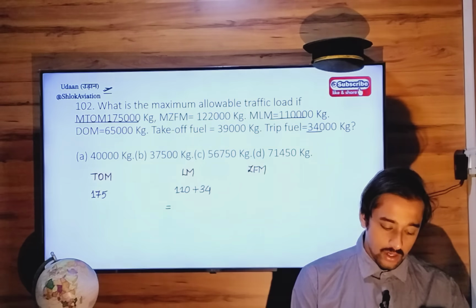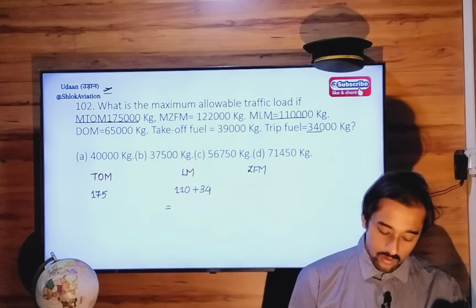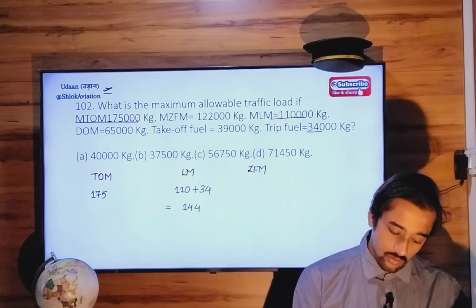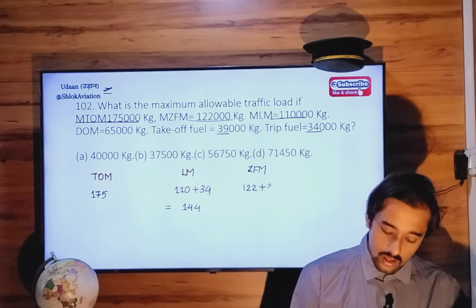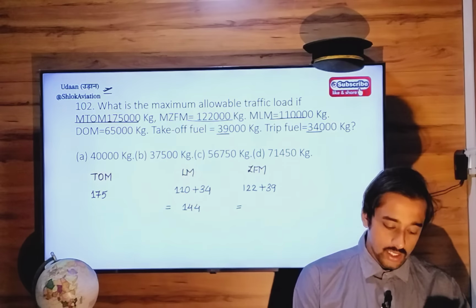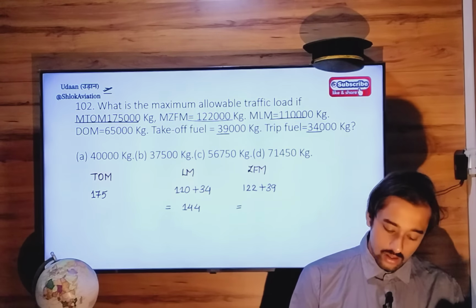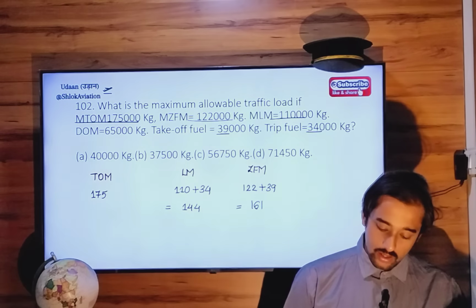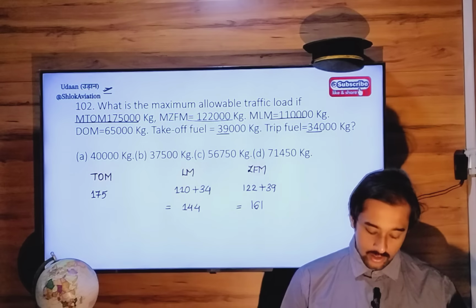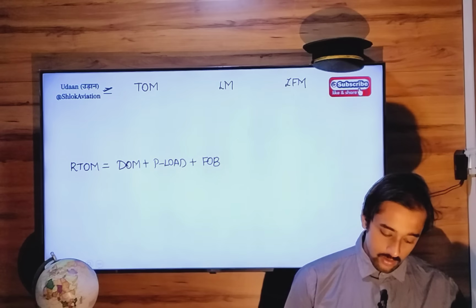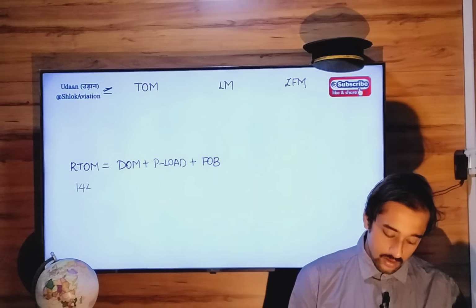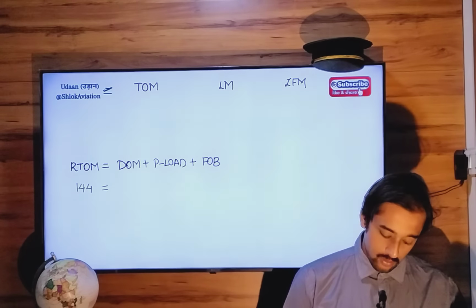So 110 plus 34 is 144. Zero fuel mass is 122. Takeoff fuel is 39. So 122 plus 39 is 161. Now, out of all these three values, 144 is the lowest, so it becomes our regulated takeoff mass.